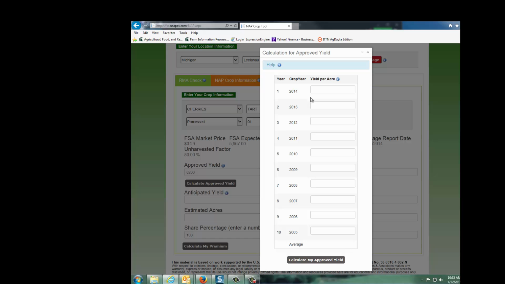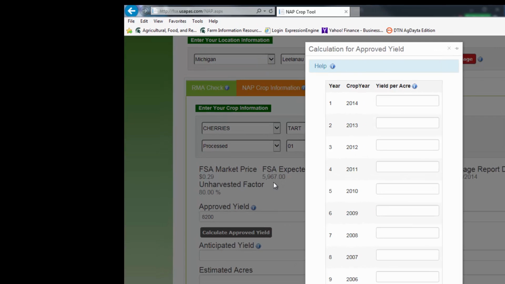If 1 year is available, you can put in that 1 year, and the other 3 years would be at 80% of this Farm Service Agency expected county yield.